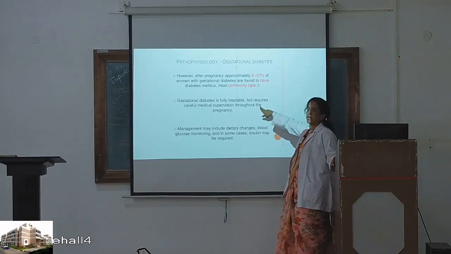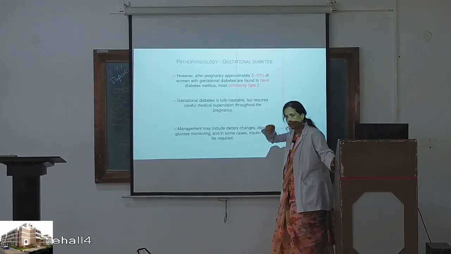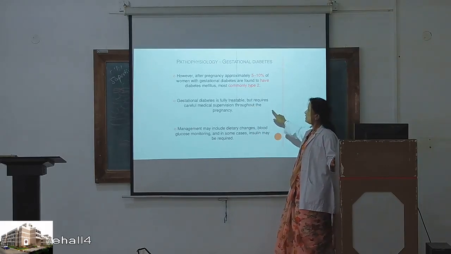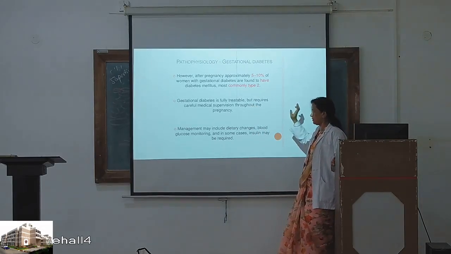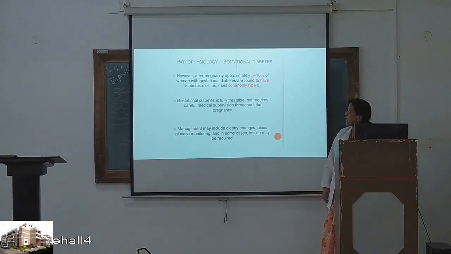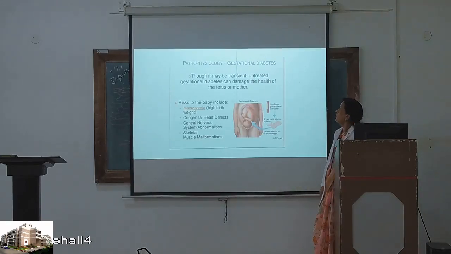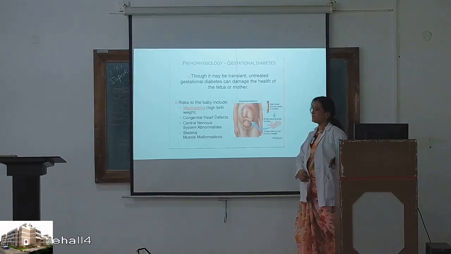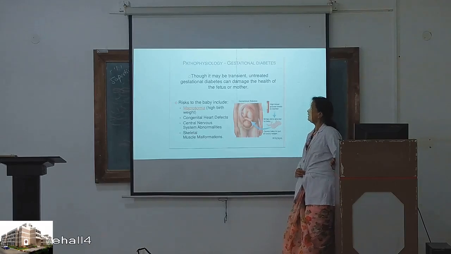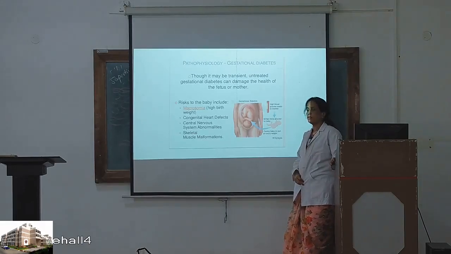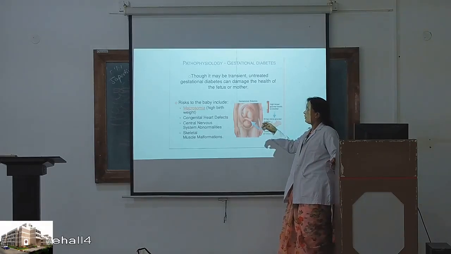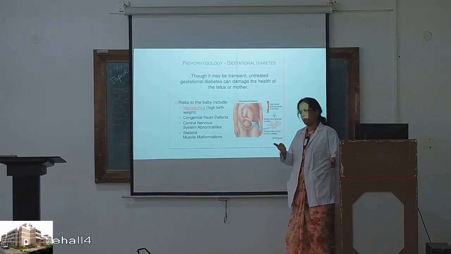So this diabetes mellitus which occurs in pregnancy is fully treatable but requires careful medical supervision and management, including insulin, which may be given. And this, we said, is transient, but untreated, it damages both the tissues of the mother and the fetus. So when do we probably guess?